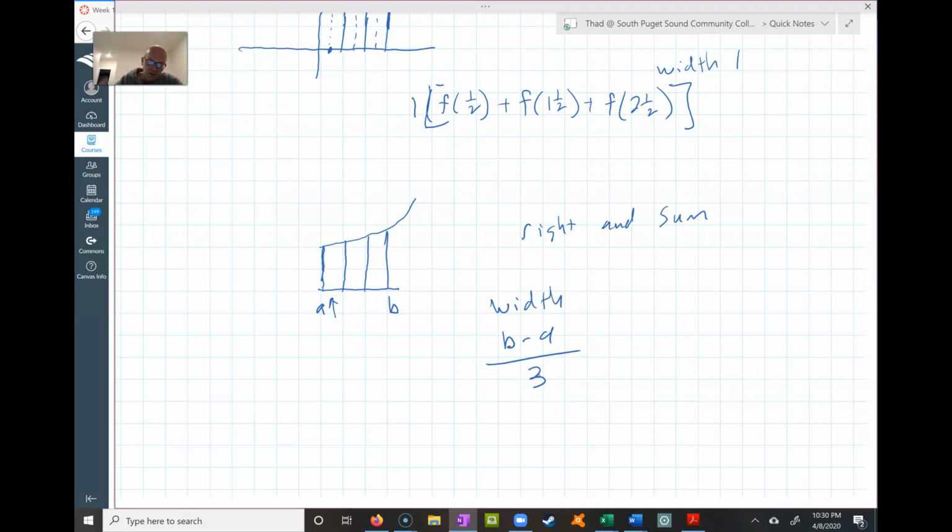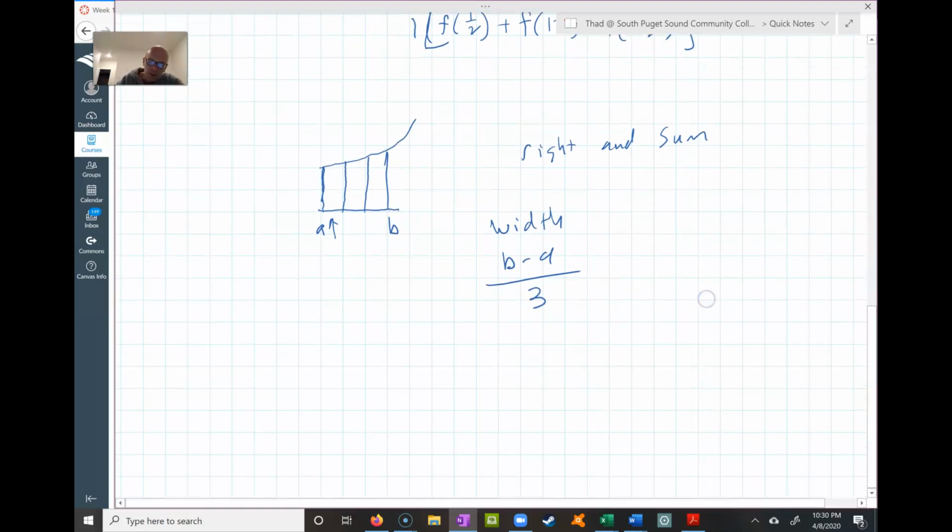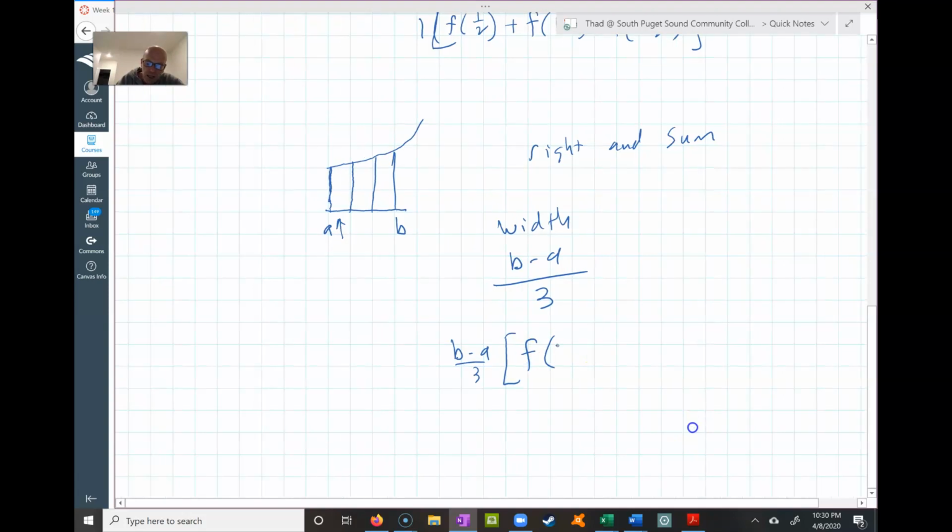And if I'm doing the right-hand sum, notice this is where it gets tricky. I'm going to do B minus A over 3 on the outside. On the inside, I'm still going to take f of something. Well, what am I going to take f of? I'm going to take f of A plus B minus A over 3, because I want to go one width over.